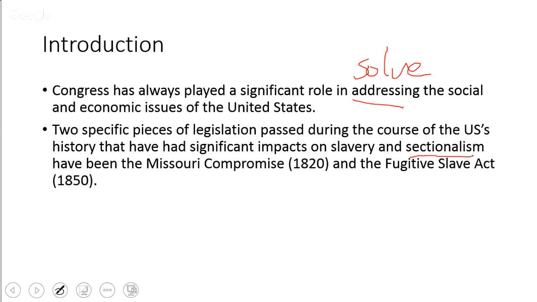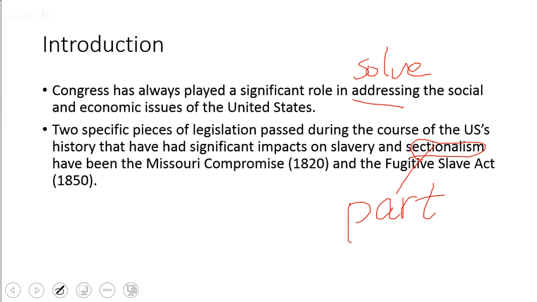Sectionalism means you think your state is more important than the country. That's why we call it sectionalism, because section means part. They always think that their state is more important than the whole country.